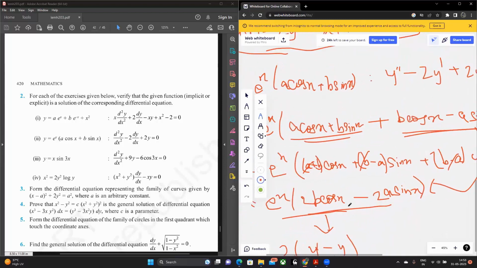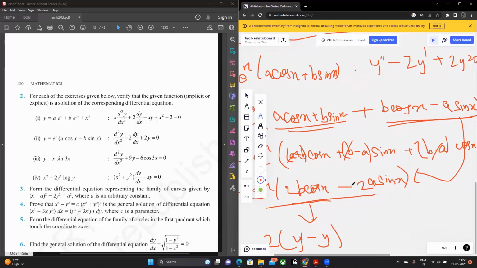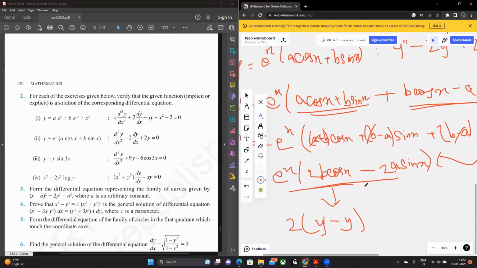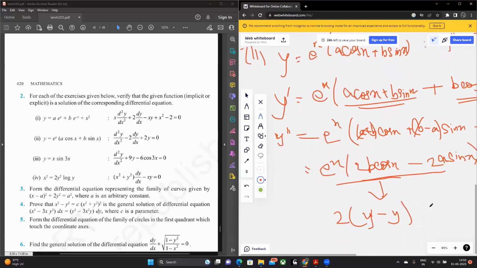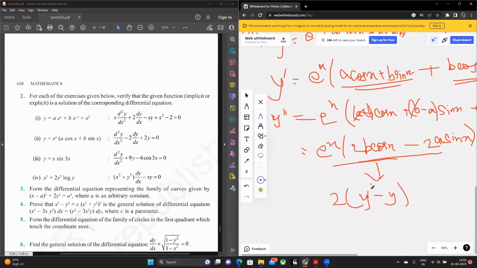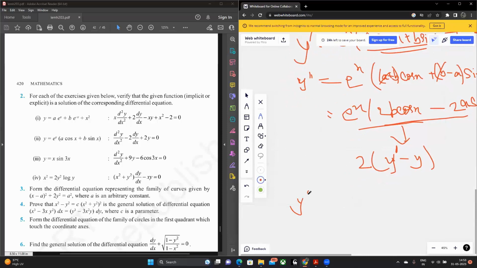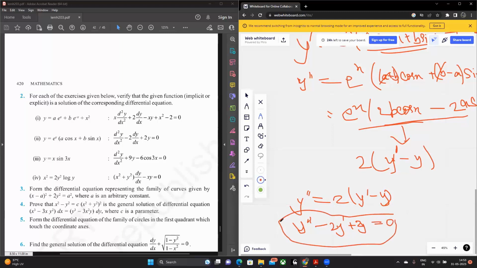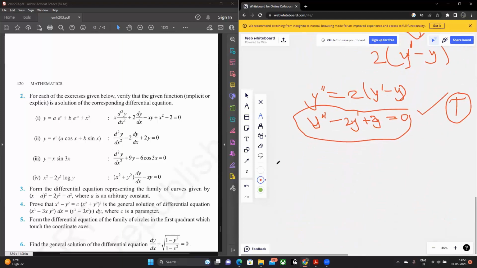So basically, b cos x minus a sin x twice is (y' minus y) into 2. Therefore, we have the equation y'' equals 2 times (y' minus y), or you have the differential equation y'' minus 2y' plus 2y equals 0. And that is the given differential equation. Therefore, verified.